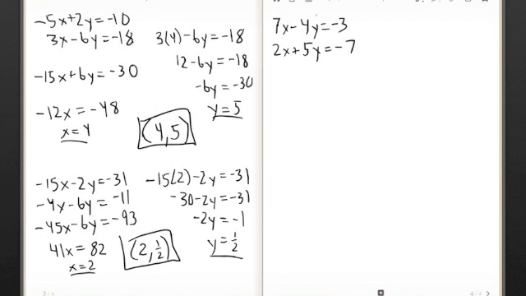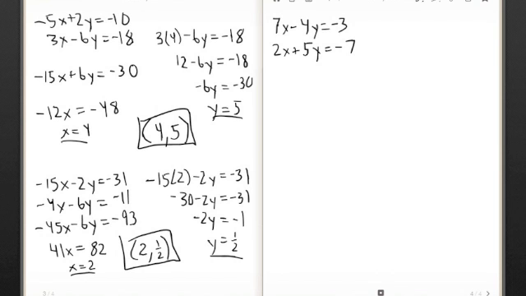What you'll notice about this one is that we can't multiply either equation to get one of the coefficients in front of one of the variables to be the same in both. So what we have to do is multiply both equations separately so that we are able to do that. We can either try to get the coefficient of the x's to be the same or the y's. Let's just pick the x's this time.